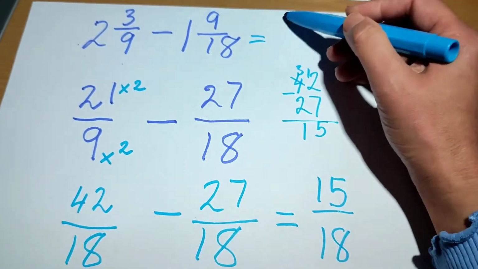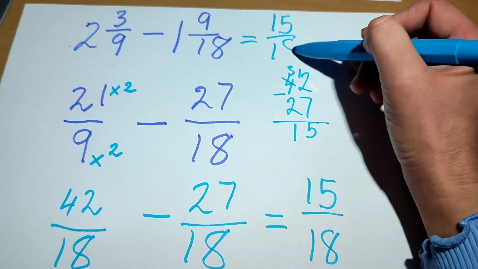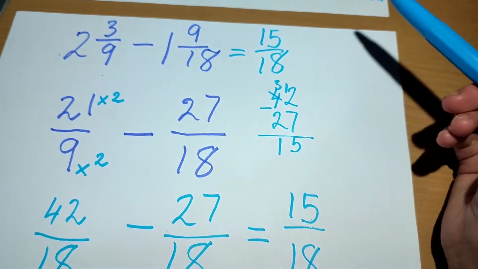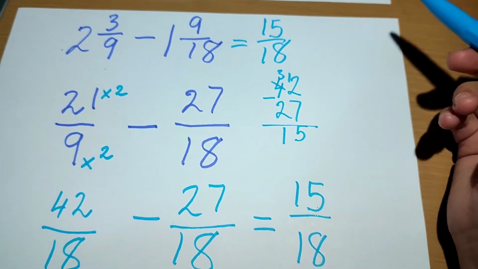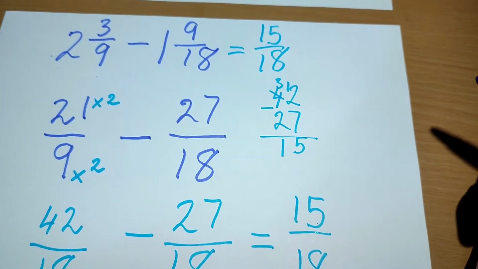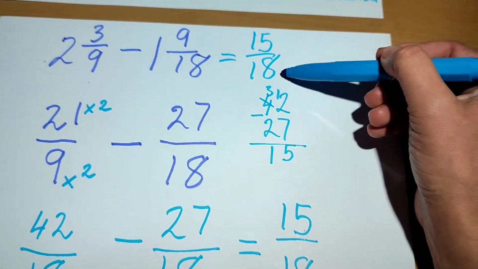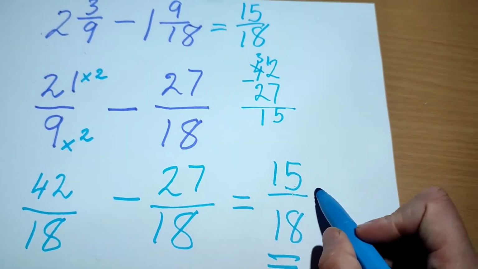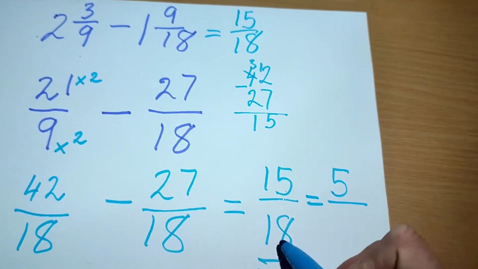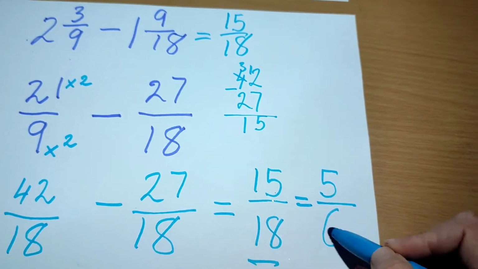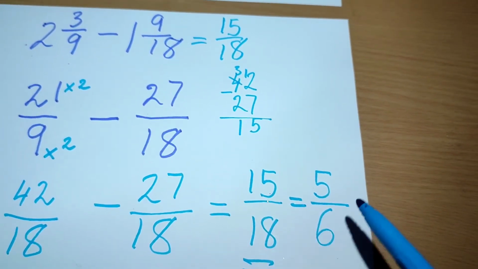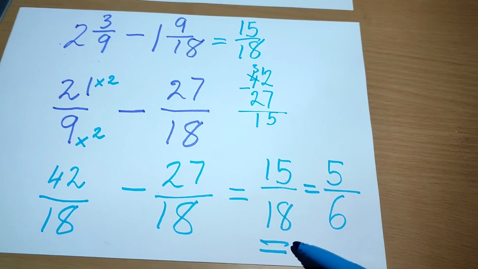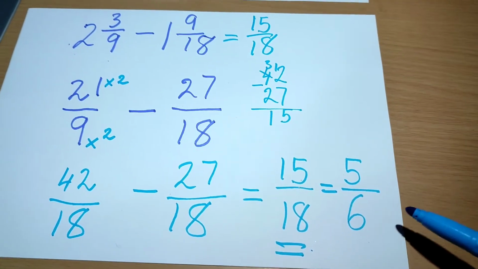You can write 15 eighteenths, or you can simplify this fraction by dividing each number by the highest common factor, which is 3. Divide both numbers, the top and the bottom, by 3. What are you going to get? 15 divided by 3 is 5, and 18 divided by 3 is 6. So we simplified. 15 eighteenths is now 5 sixths. You can leave it as that though, it's fine if you have this as your answer, or you can simplify it.